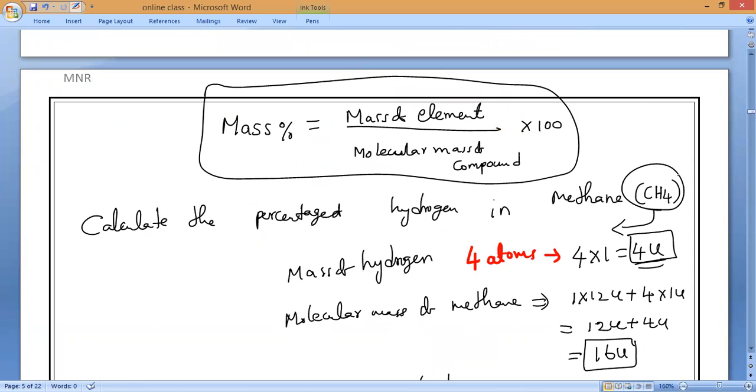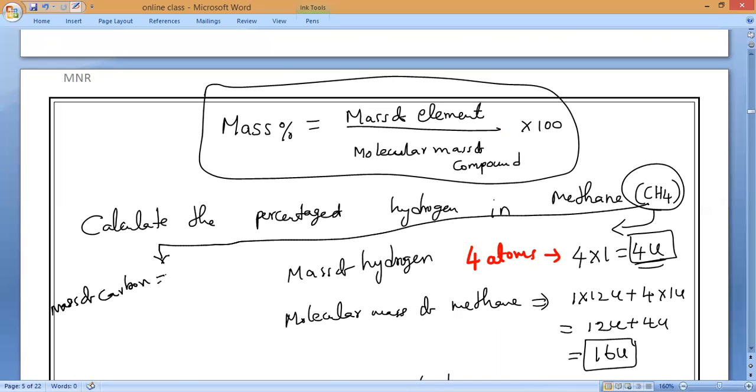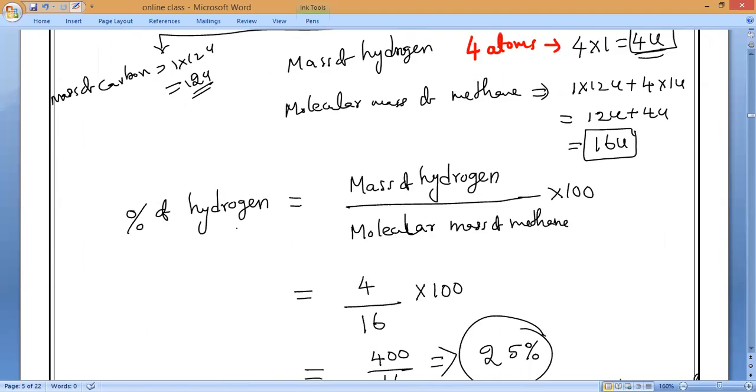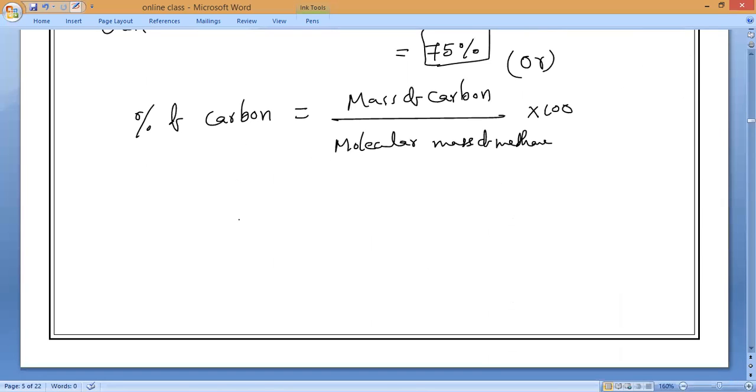Only 1. So mass of carbon is equal to 1 into 12u, which is equal to 12u. Is it yes or no? Yes, sir. So it will come equal to 12 divided by 16 into 100.